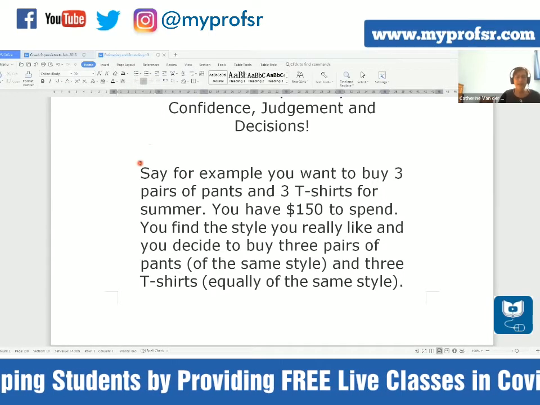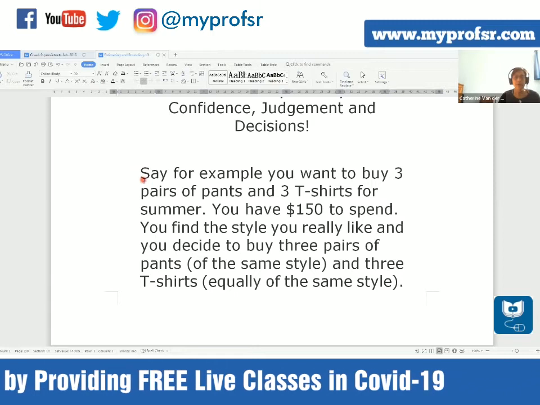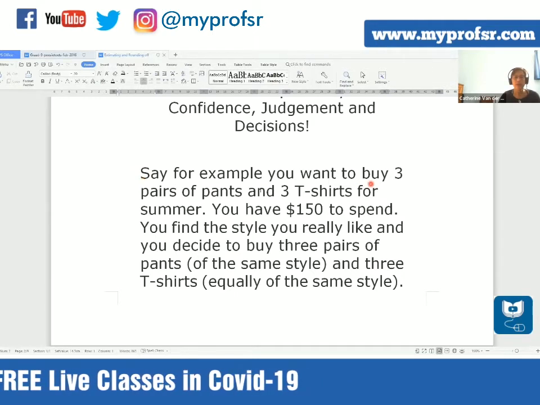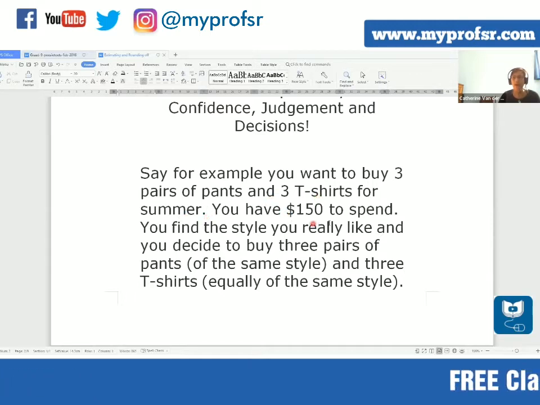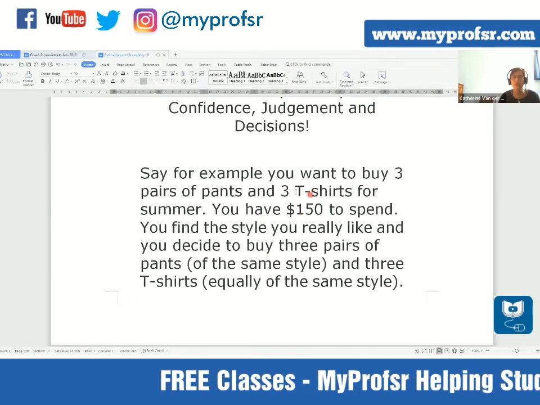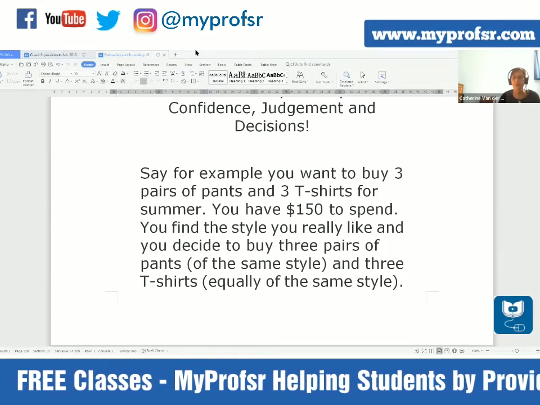So we're looking at this example. Say you want to buy 3 pairs of pants and 3 t-shirts for summer, and you have $150 to spend in total.